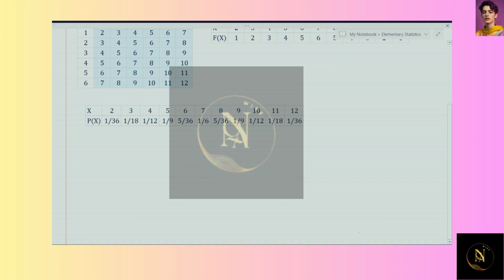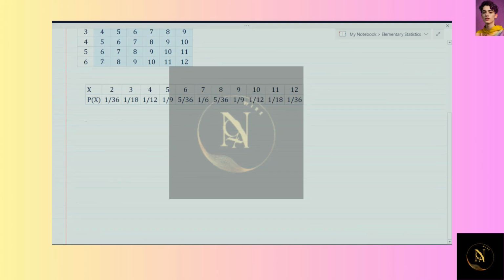Let's go ahead and find our mean first. Our mean mu is just going to be equal to 2 times 1 over 36 plus 3 times 1 over 18 plus 4 times 1 over 12.